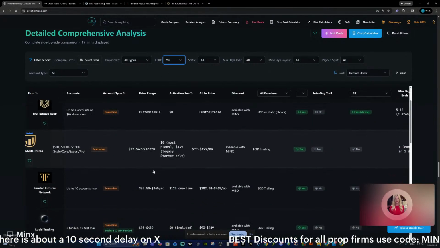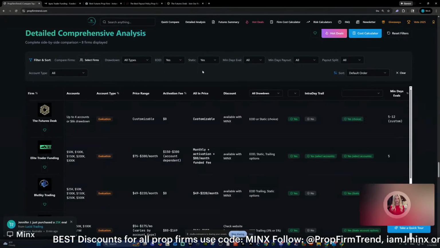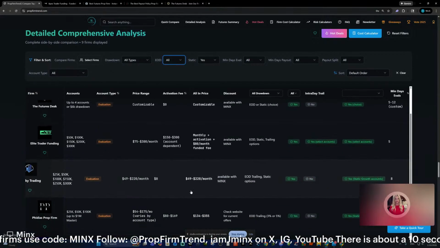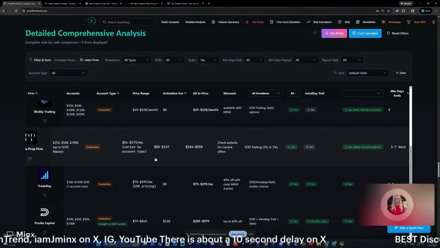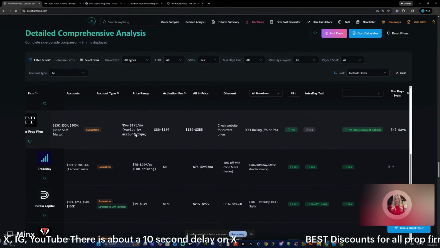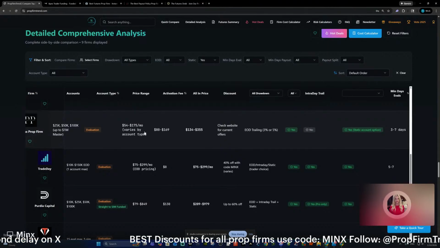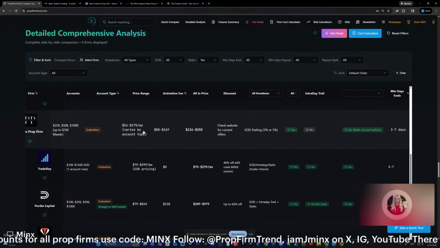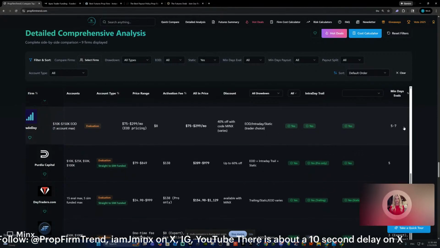So it weeds out the ones that are intraday trailing. Or let's say you just want to do static. It's going to weed out the ones that don't have static. There is one firm, this Phidias prop firm, that is a swing. So you can swing with this firm.